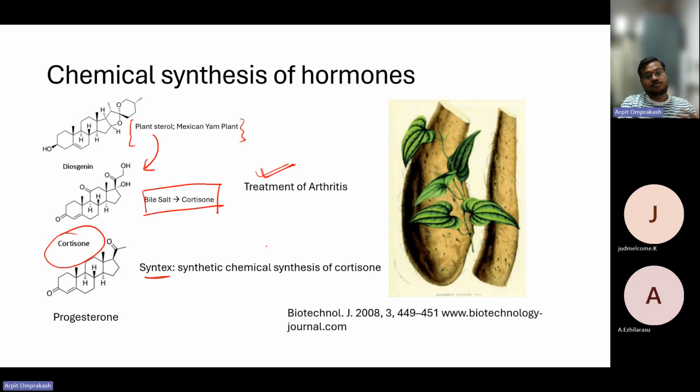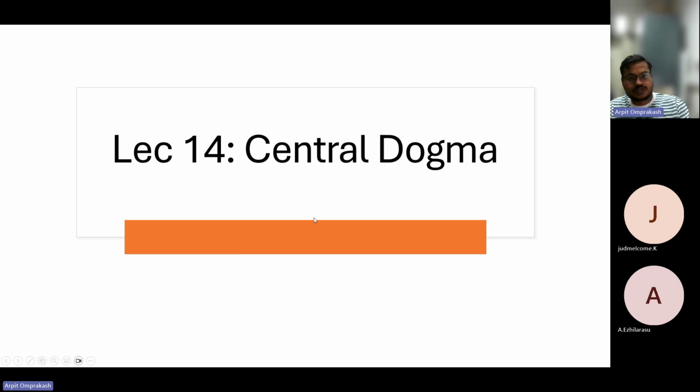They made cortisone and they sold it. And as we see here, cortisone is also similar to other hormones that are found in the body, such as progesterone. So eventually people developed ways to create progesterone, and these are now sold as birth control pills and so on. So that's it for the first two lectures on biomolecules.